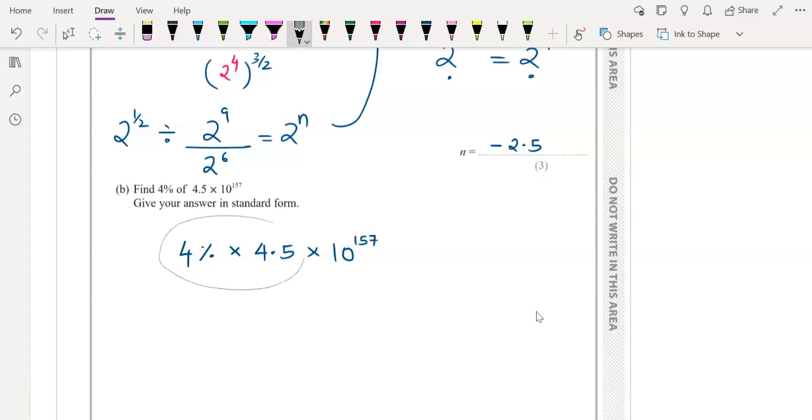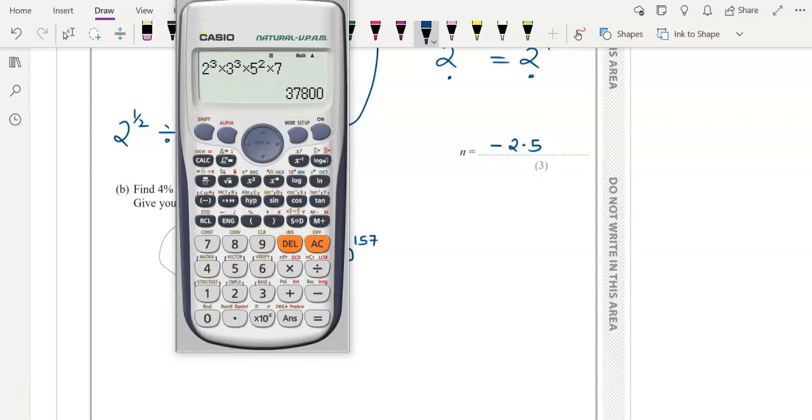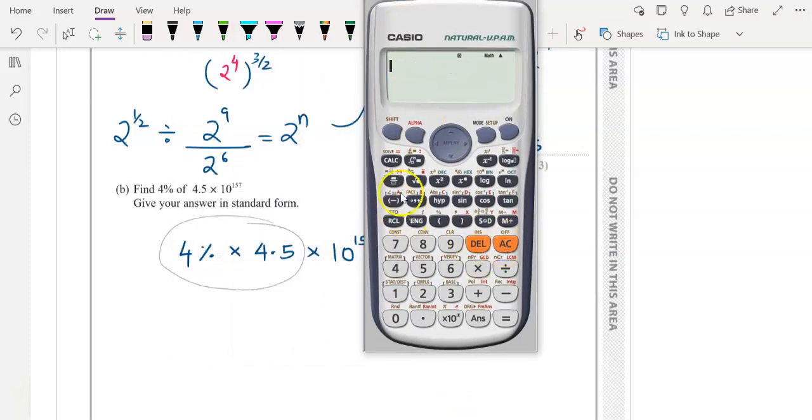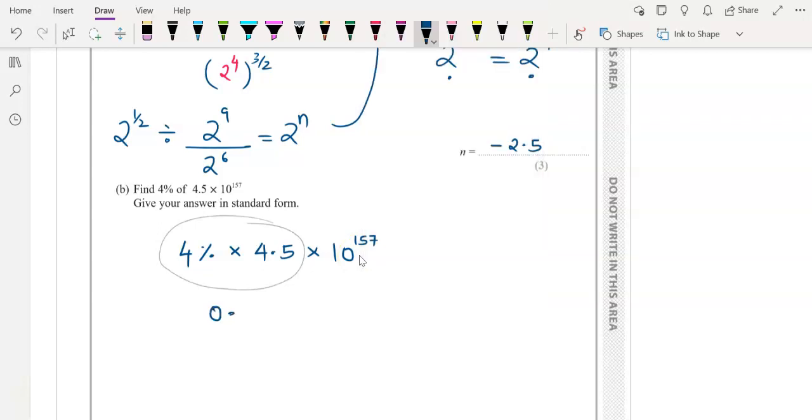So let's work out how much is 4% of 4.5. So I want to find 4% of 4.5. That gives me 0.18. So you have 0.18 times 10 power 157.